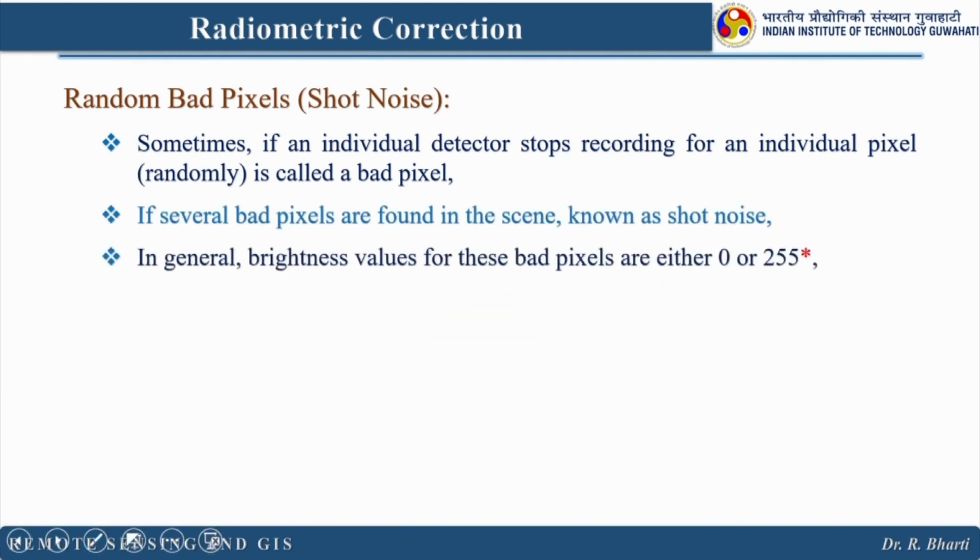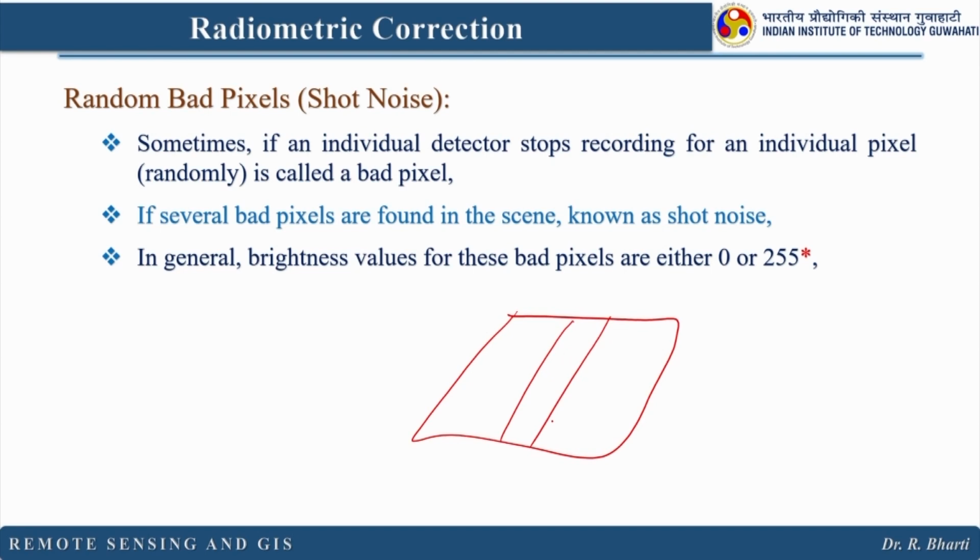Now the third point is, in general brightness value for these bad pixels are either 0 or 255. So these bad pixels, right, there will be some number which will be attached to this, right. So what will they be? They will be like either 0 or 255.